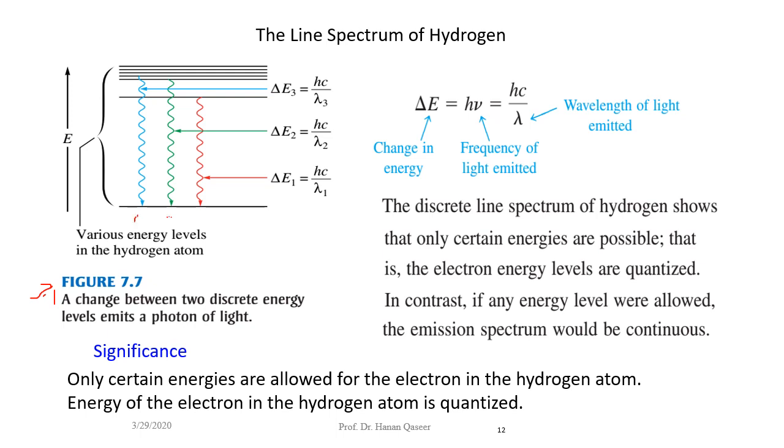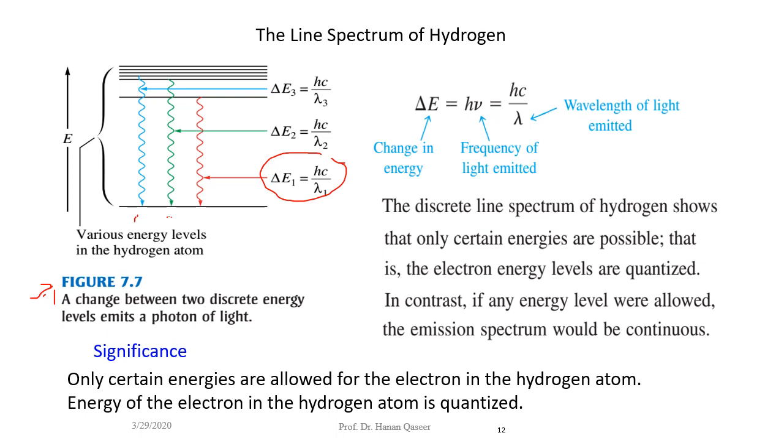All of these lines correspond to a movement of an electron from a higher energy level to a lower energy level.